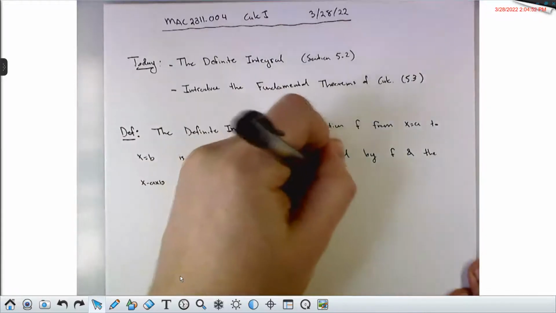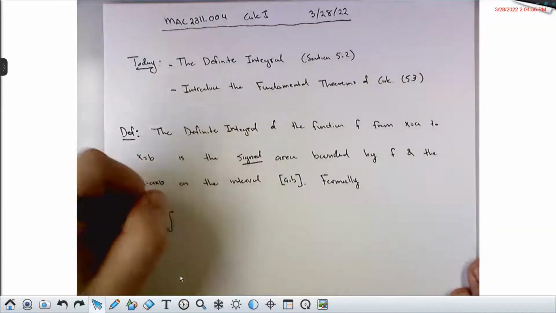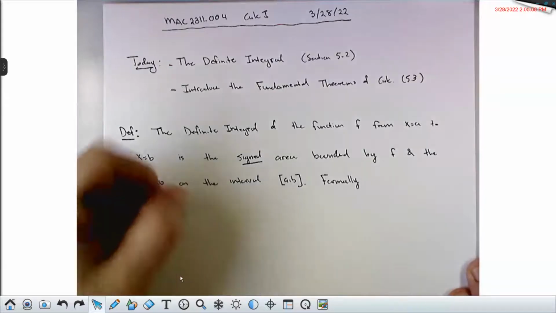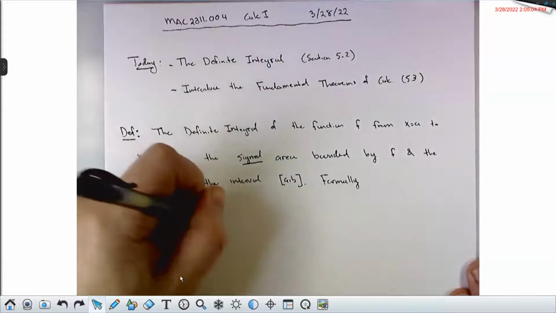Formally, we write the integral from a to b, as we discussed last time, of f of x dx.